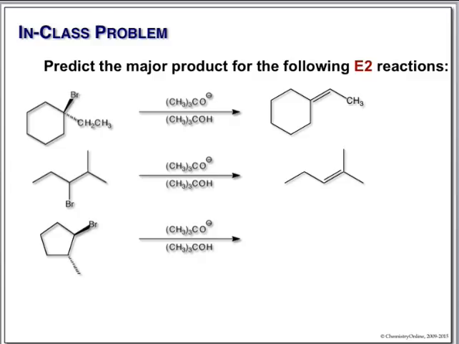However, this is an E2 elimination, isn't it? And because it's E2, the bromine and the hydrogen have to be trans to each other. What's trans on this side? Well, the methyl group is. The hydrogen that we'd have to pull off is cis.